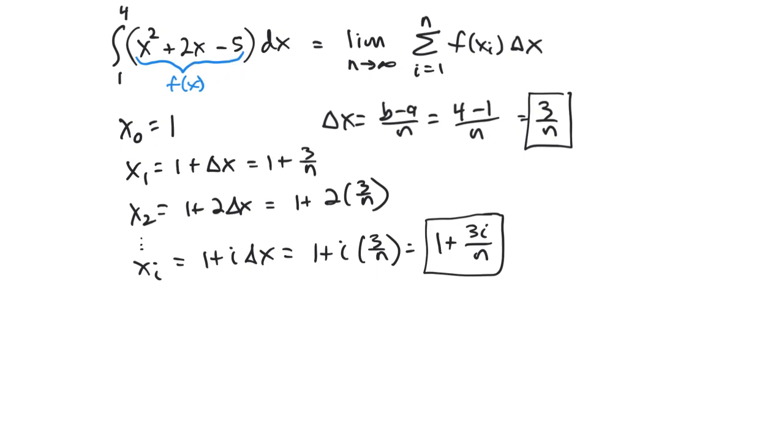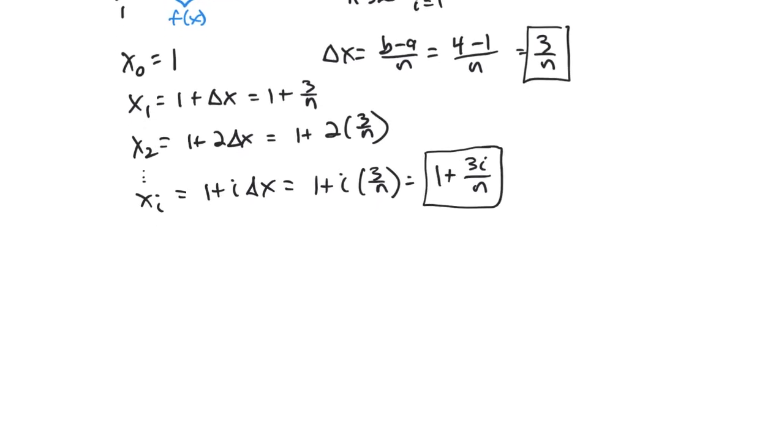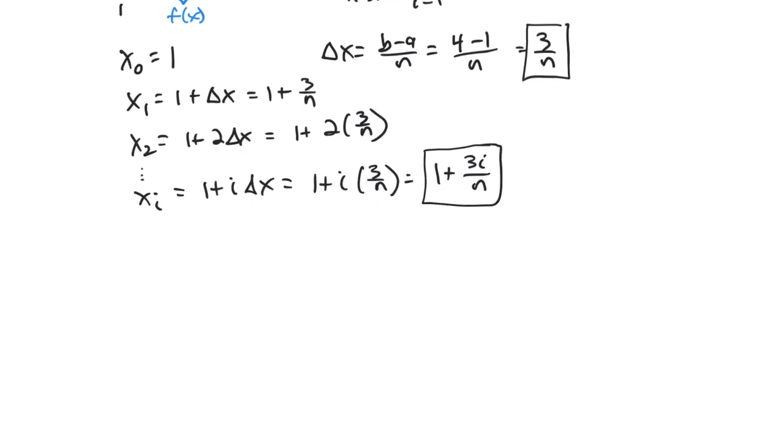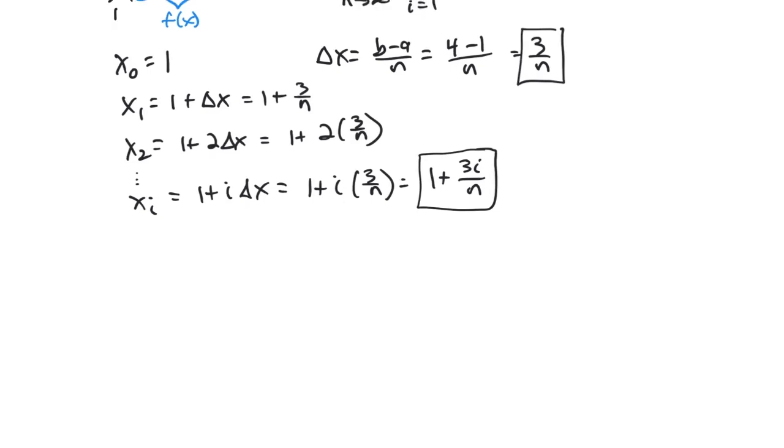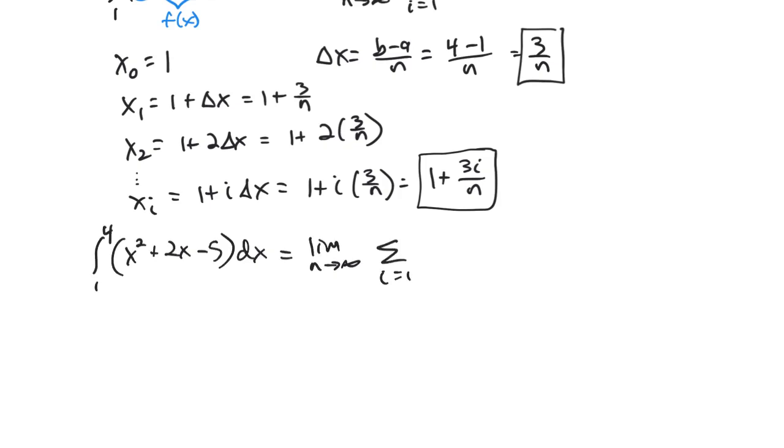So let's rewrite this now and fill in what we've got. Make a little more room here. So we could say, okay, the integral from 1 to 4 of x squared plus 2x minus 5 dx is equal to the limit as n approaches infinity. And right now I'm going to plug in f of x sub i.